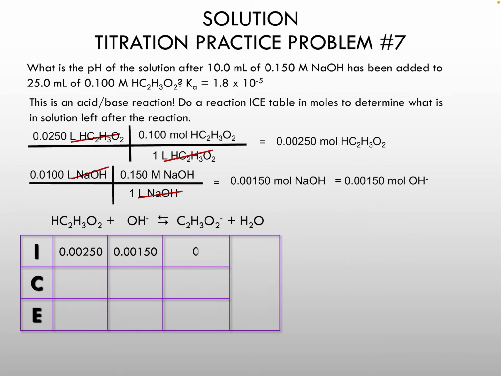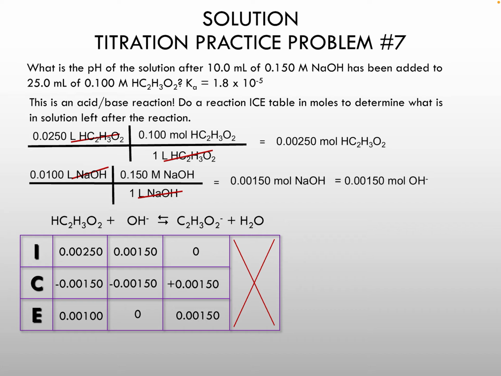And since they react on a 1-to-1 ratio, we don't need to go through and figure out the limiting reagent. We'll just use whichever one is smaller as our X value. So here, hydroxide is smaller, so we'll go ahead and subtract our hydroxide amount from each one and add it to our conjugate base. Then we can add all of them straight down.